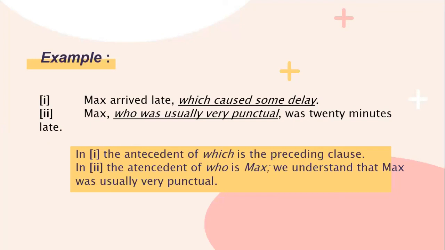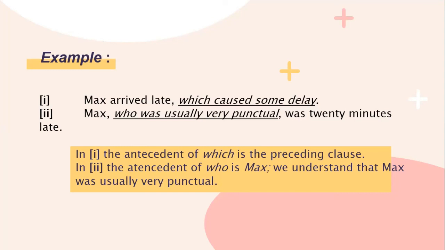In the first example, the antecedent of which is the preceding clause, because the sentence "caused some delay" is interpreted as Max arriving late.